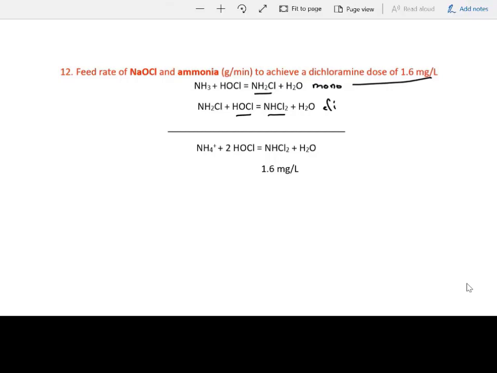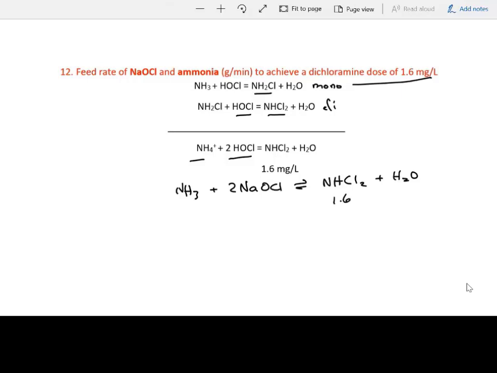So for every 1 mole of ammonia that we have present, we need 2 moles of hypochlorous acid or sodium hypochlorite. So we're just going to write this as ammonia plus 2 OCl, and that is going to result in the formation of dichloramine.